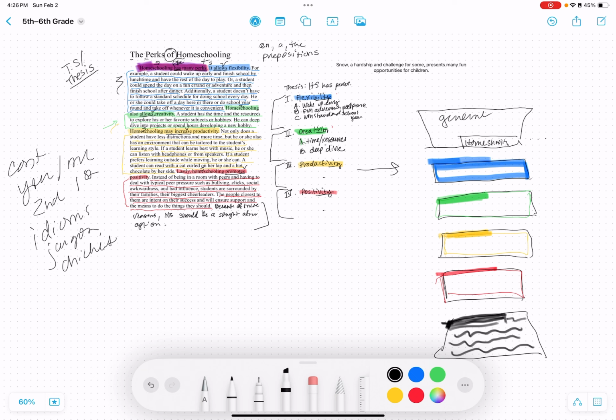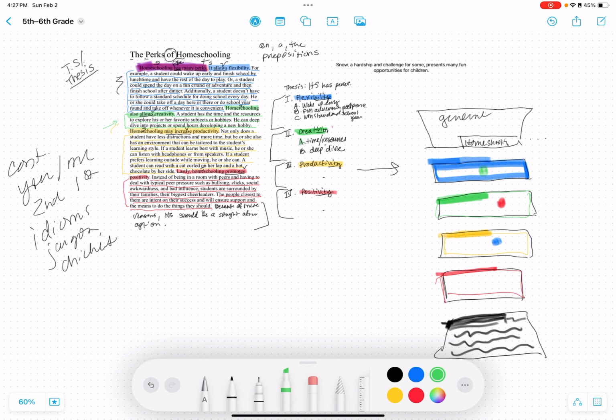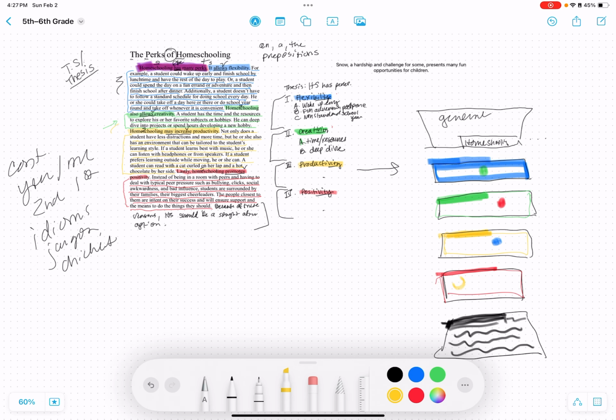Now, I think students struggle the most with organization. They just want to put whatever sock they find as it comes to mind in whatever drawer they happen to find themselves writing in at the time. Because, let's just admit, it is hard work to organize. Sometimes you'll think of something here that really should go there.